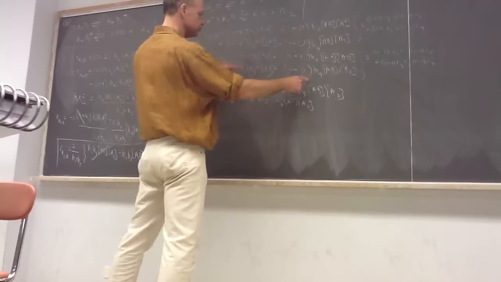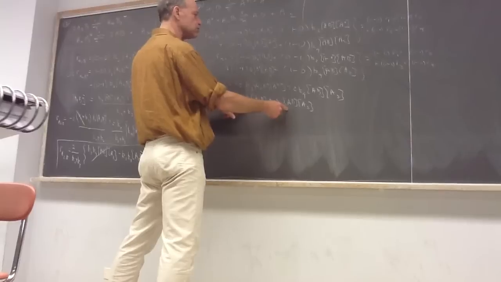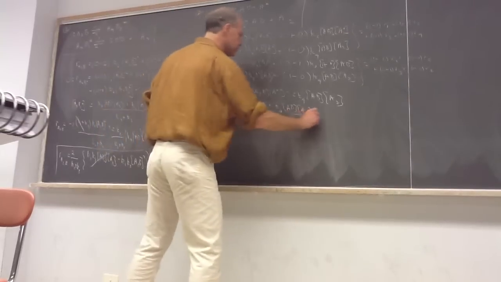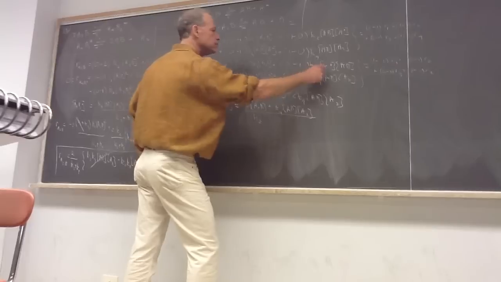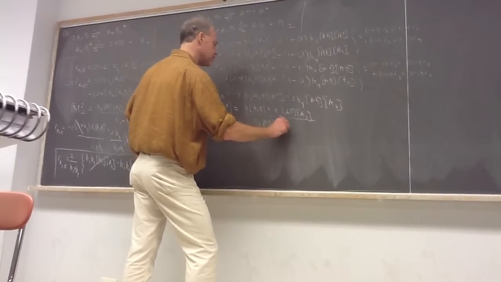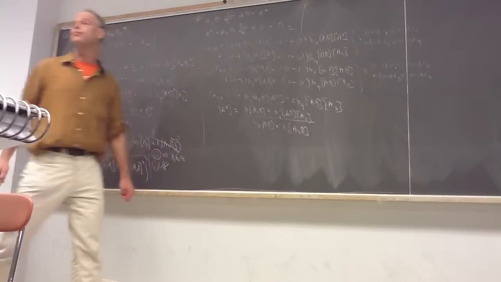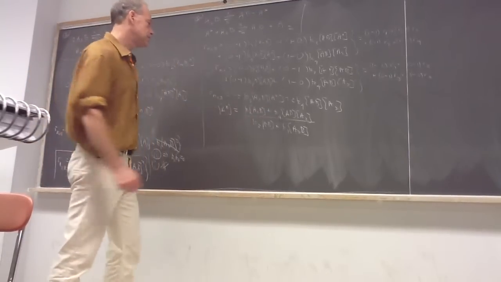So these 2 terms remain. I just recopied them and noted that 1 minus 0 is just 1. And these 2 terms went to the other side of the equation. I factored out the A star, and I divide what's left. So I have a K2 AB plus K3 A2B. Is that clear?